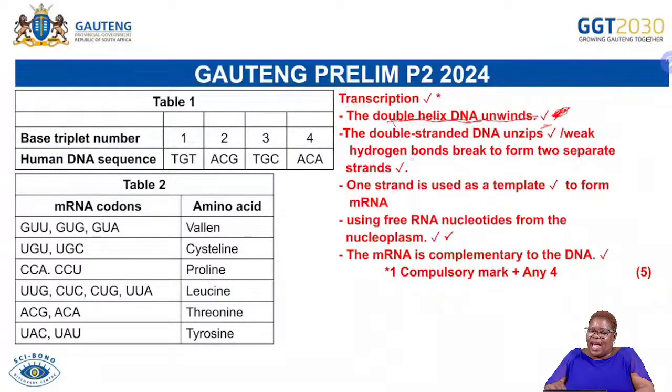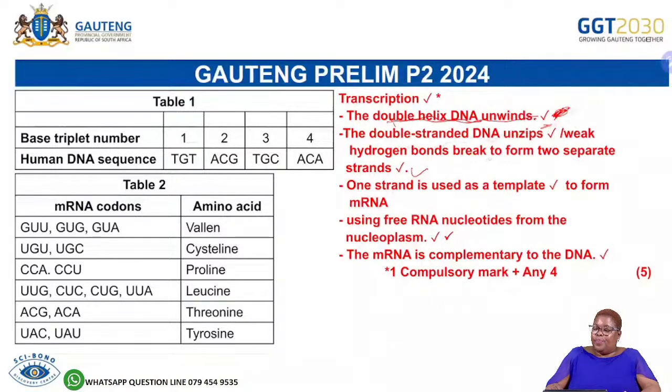Or weak hydrogen bonds break to form two separate strands. This is a mark. Remember that nitrogenous bases are bonded together by hydrogen bonds and not hydrogenous bonds. Weak hydrogen bonds break to form what? Two separate strands.